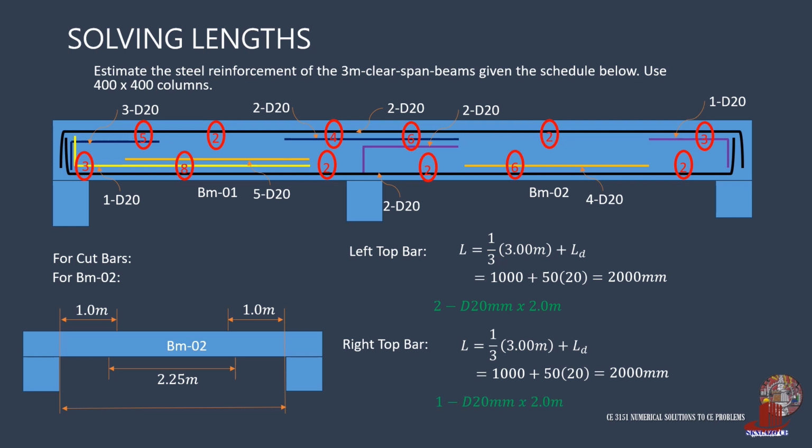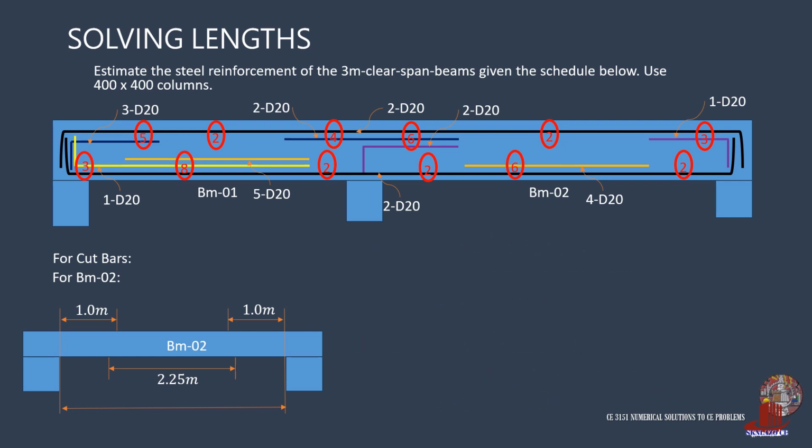The right top bar is then specified as 1 D20 by 2 meters. Last is the bottom midspan cut bar in beam 2. The length is 3/4 of 3 meters, which equals 2,250 mm. The midspan then has 4 D20 of 2.25 meters.